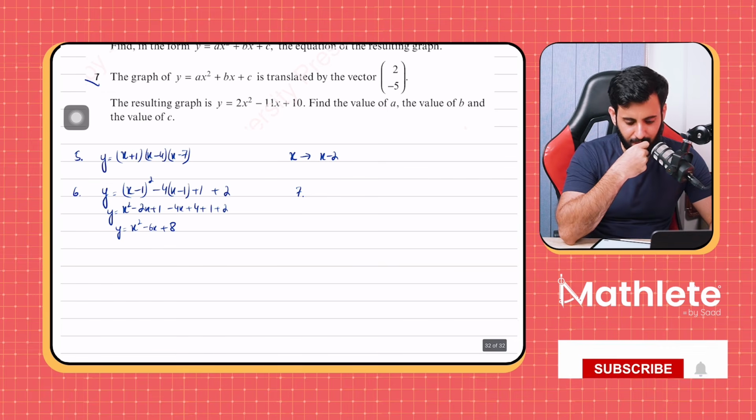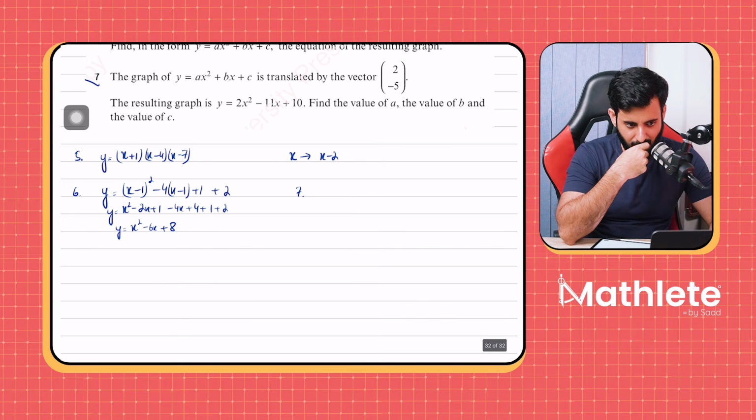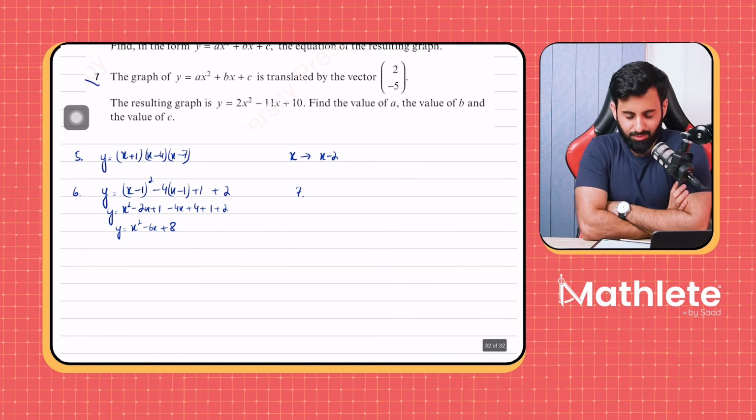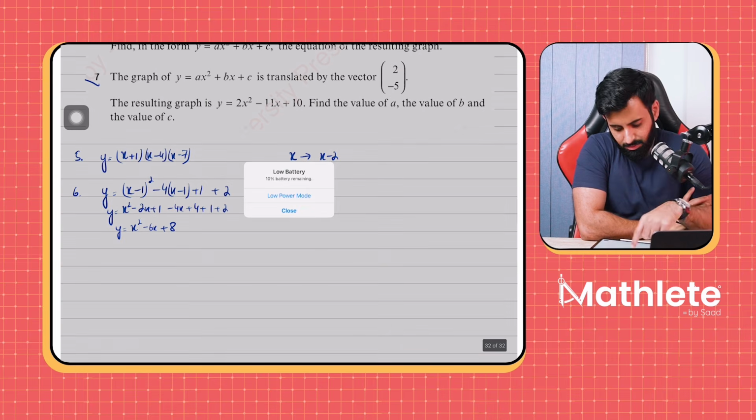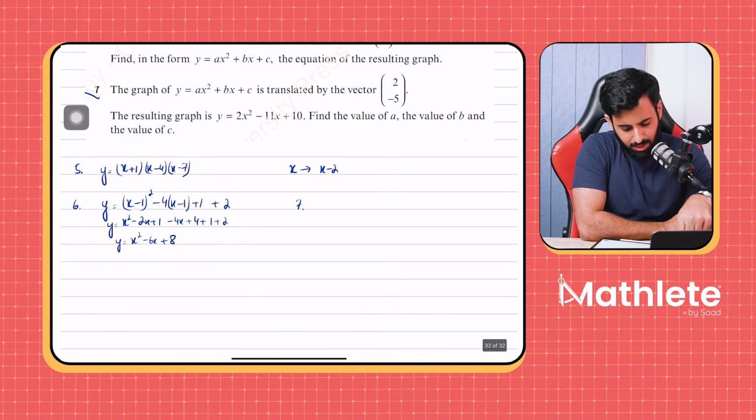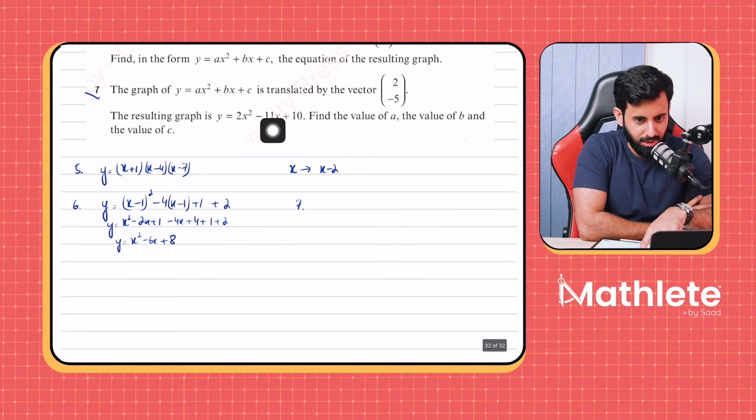A is 2, alright. A is 2, that's correct. No, I'm afraid not. B is not minus 11. How can B be minus 11? It's already minus 11. B is minus 3.